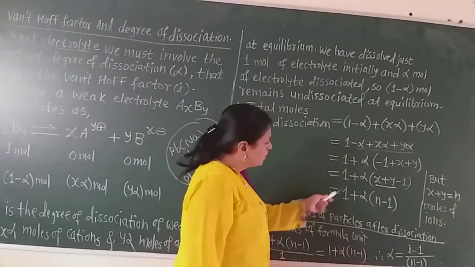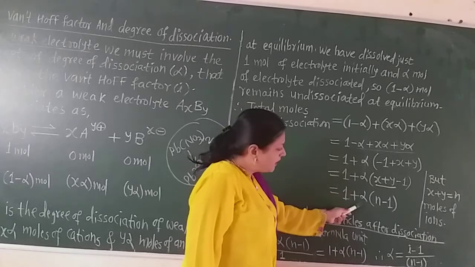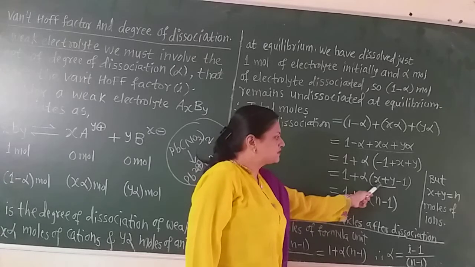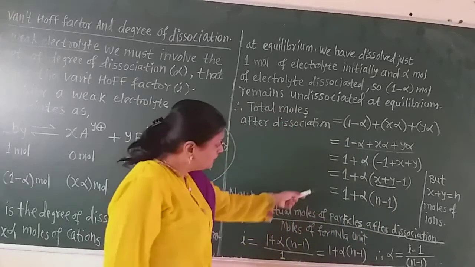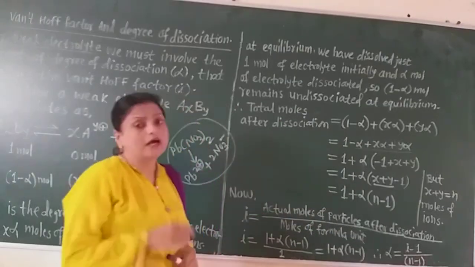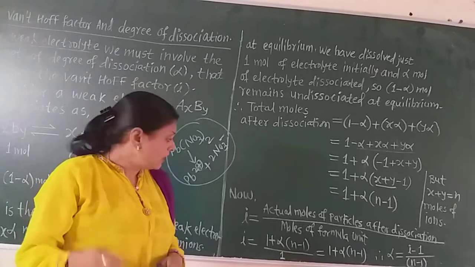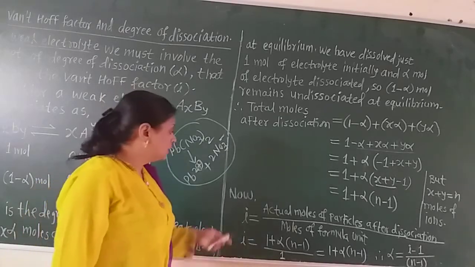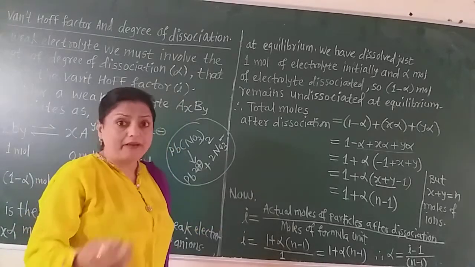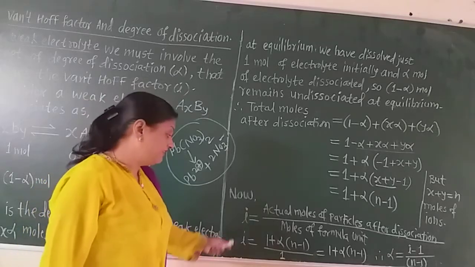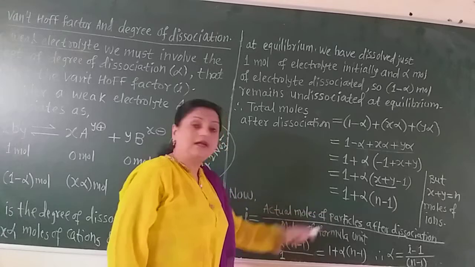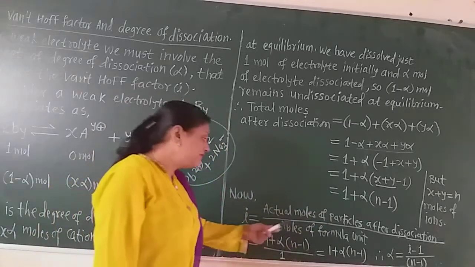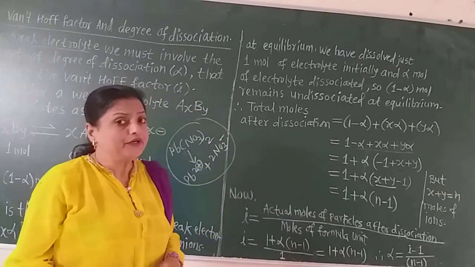So it becomes 1 plus alpha times (n minus 1). These are the total number of moles after dissociation. We already learned the formula of the Vant Hoff factor, defined as i is equal to actual moles of particles after dissociation divided by moles of formula unit.